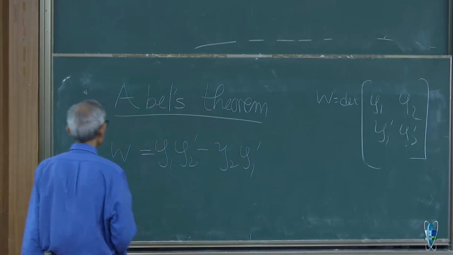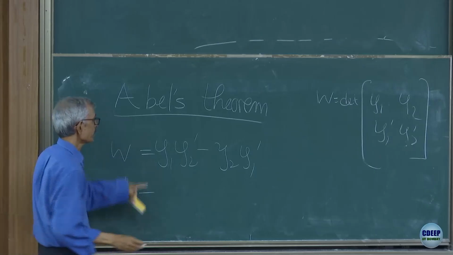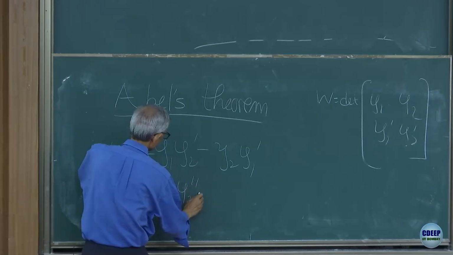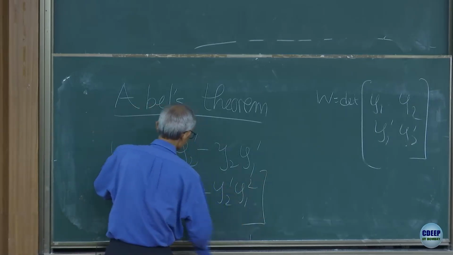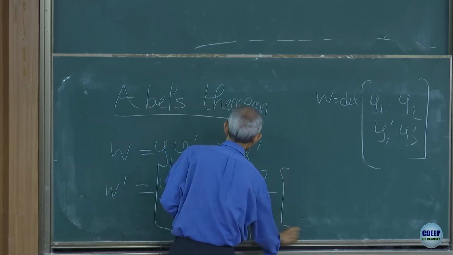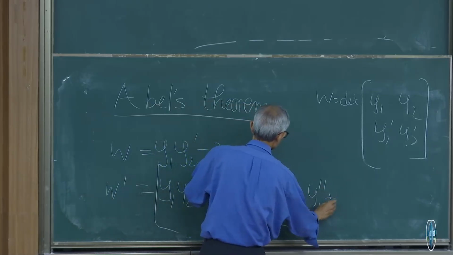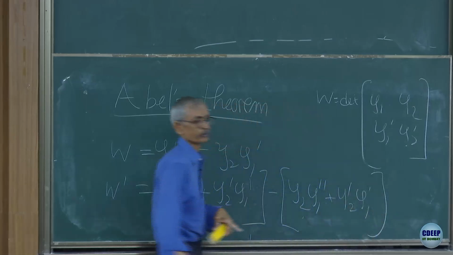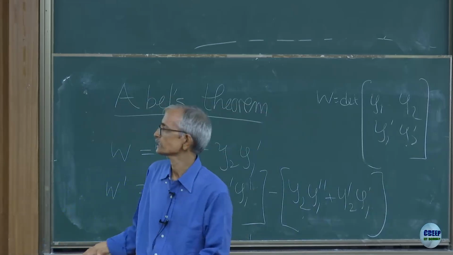The derivative of the Wronskian, W prime, is going to be y1 y2 double prime plus y2 prime y1 prime, minus y2 y1 double prime plus y2 prime y1 prime. So that's the derivative of my Wronskian.